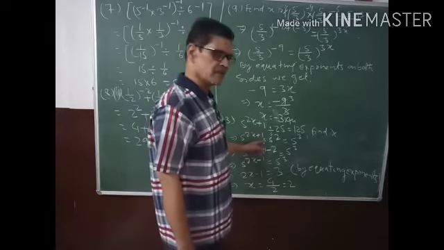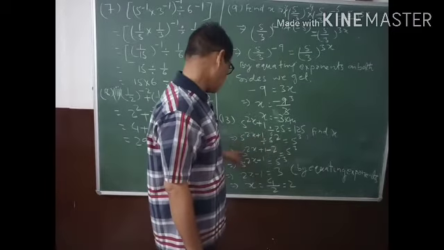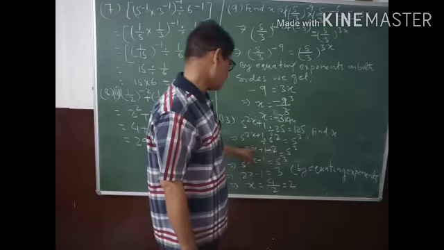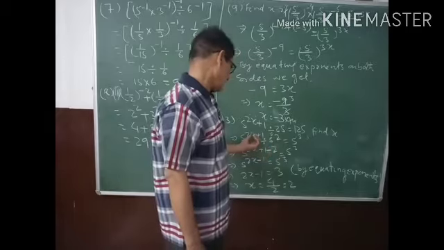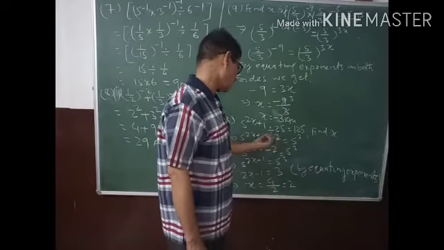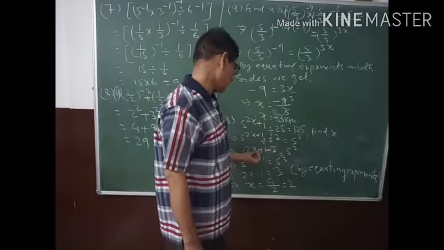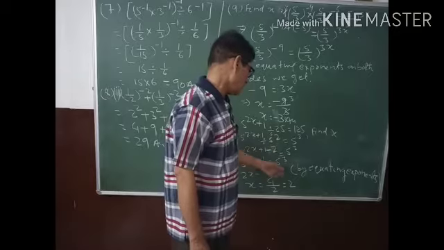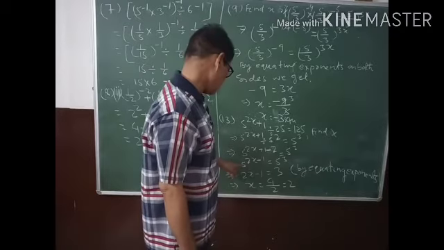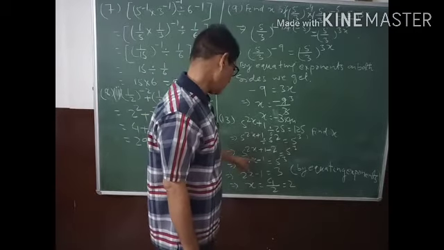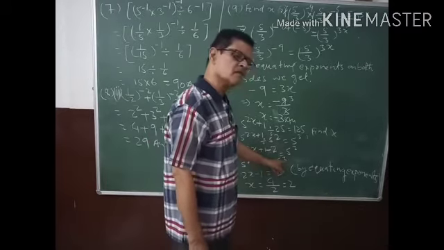Here there is division, so exponents should be subtracted. Therefore you can write here 5 to the power 2x plus 1 minus 2. I have subtracted this exponent from this exponent. So this will be equal to 5 to the power 2x plus 1 minus 2. This is equal to 5 to the power cube. You can write here 5 to the power 2x minus 1, equal to 5 to the power 3.